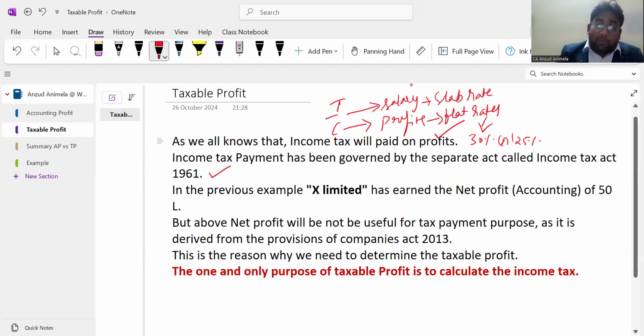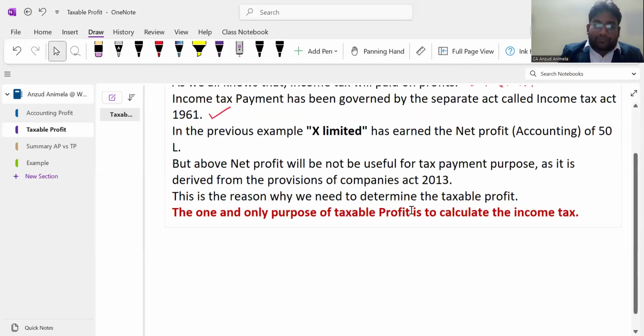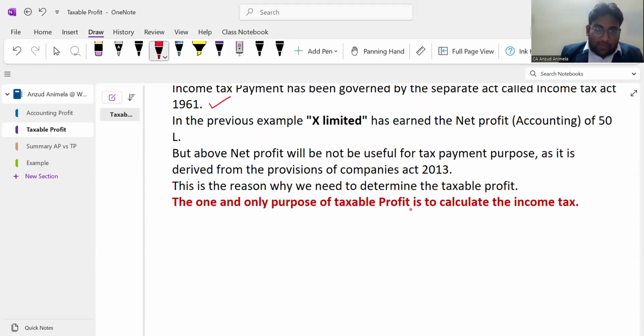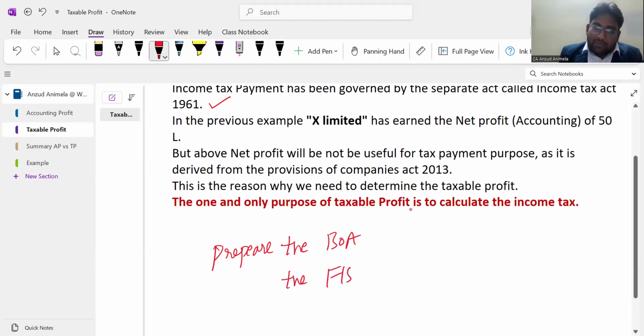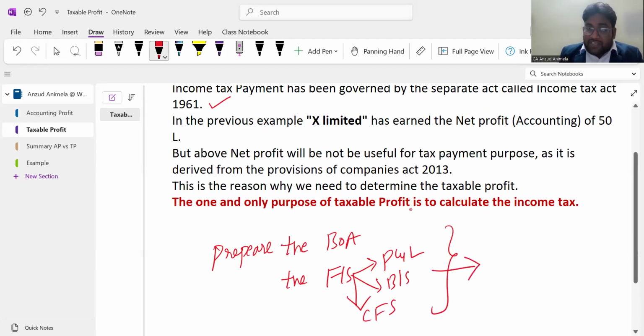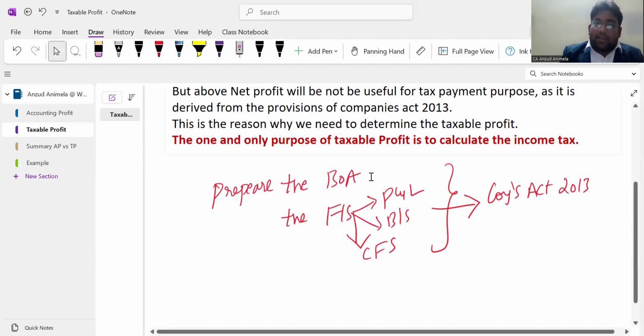When you maintain the books of accounts, which act will you apply? When you prepare the financial statements like P&L, balance sheet, cash flow statements, the Companies Act 2013 applies.